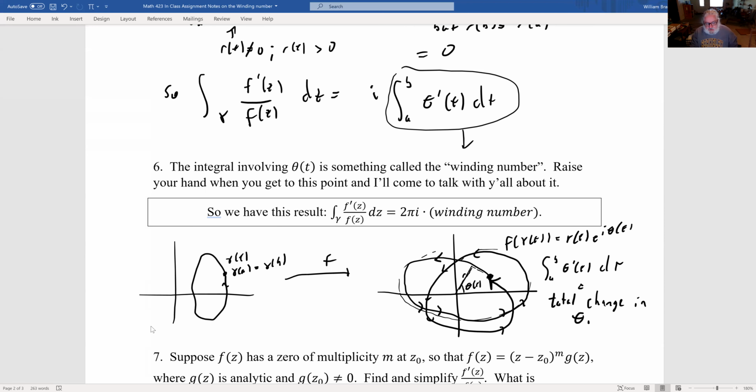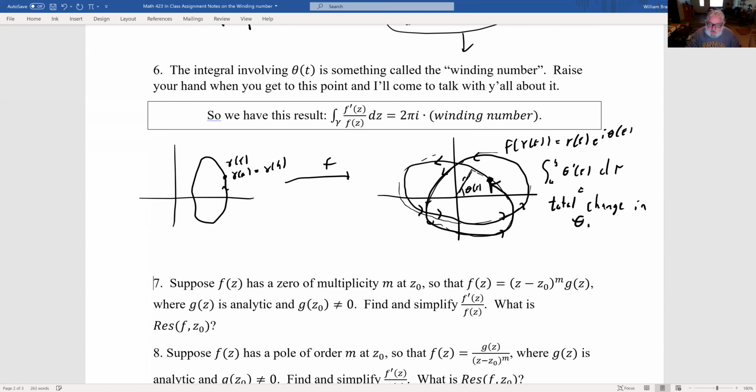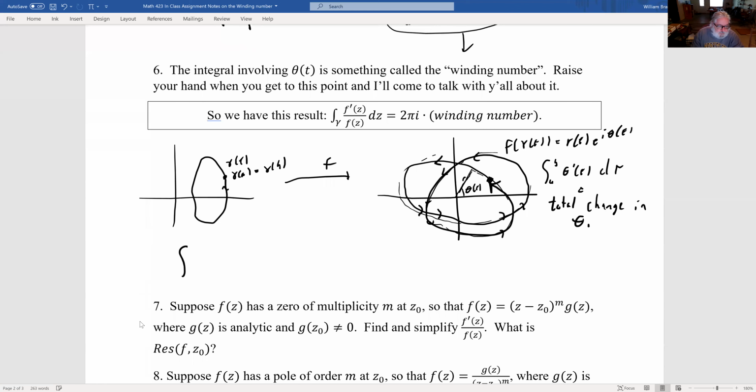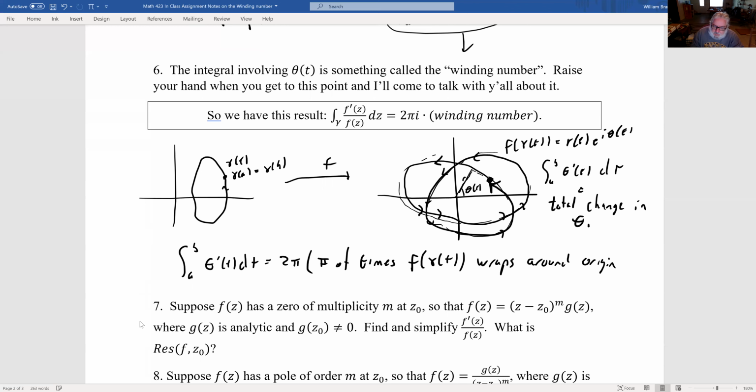If you go around a second time, the total change is 4 pi. So this integral is 2 pi times the number of times f of gamma of t wraps around the origin.